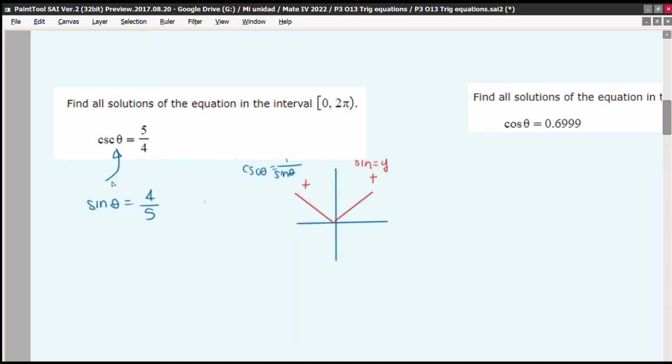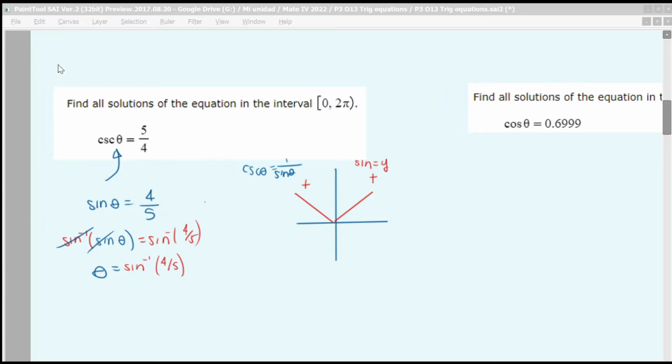Now, to actually find the value of theta, let's do the operations. We know by now that we have to apply the sine inverse to my entire equation. And because I do it on one side, I have to do it on the other side. And when I do this, I know that on my left side, the sine inverse is going to cancel the sine function. So I have theta equals sine inverse of 4/5.